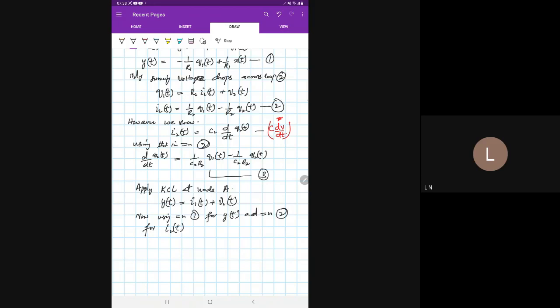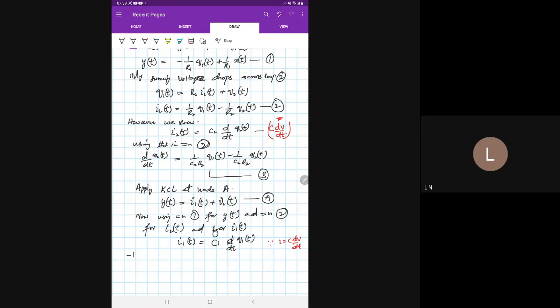And for I1 of t, we will use this equation: I1 of t is C1 d by dt of Q1 of t, which is again I equals C dV by dt. So if we take values from these equations and substitute in equation A, then this is what we will be having.